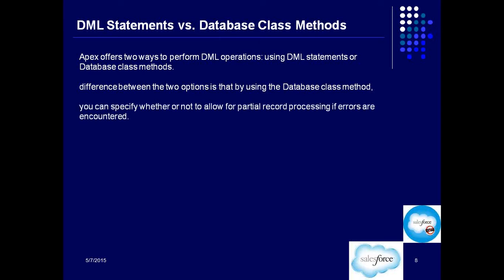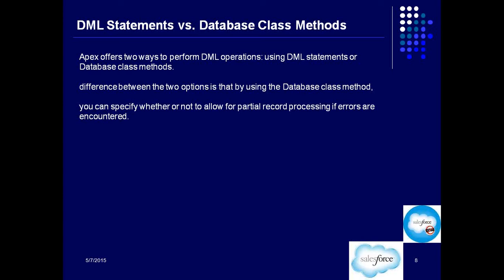The problem with the DML statement is it does not allow partial records processing. It either commits the entire set of records to the database or rolls back the entire set of records, which we don't want. In that case, we should use the database class method.